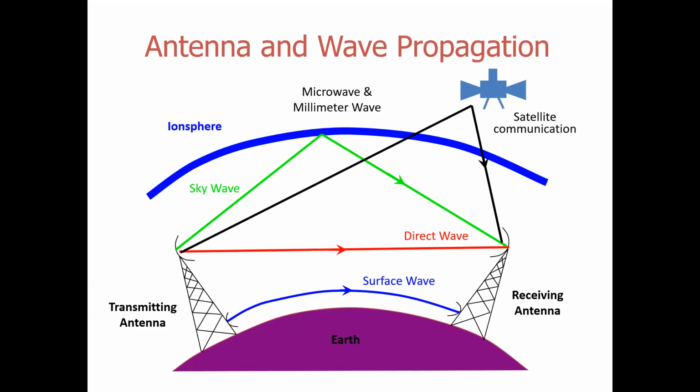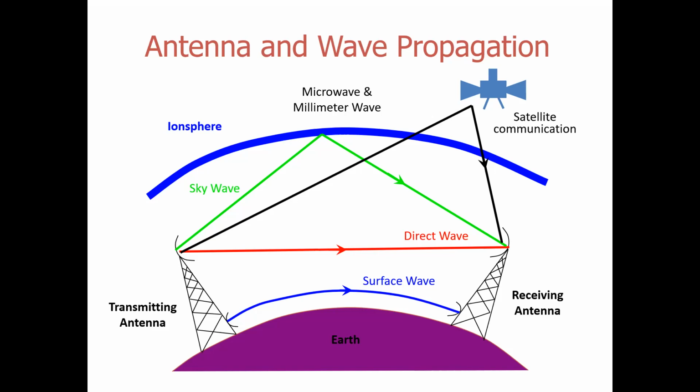See this figure. In this figure, we have seen that on the Earth surface there is a transmitting antenna and a receiving antenna. When the communication occurs on the Earth surface, that is the surface wave.